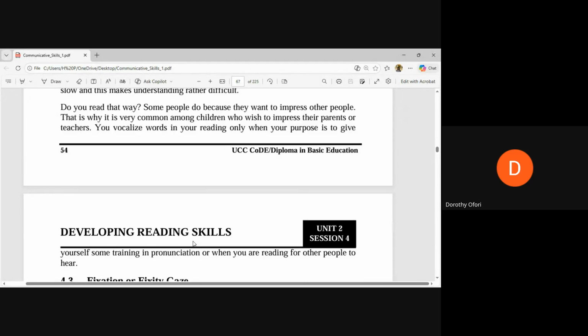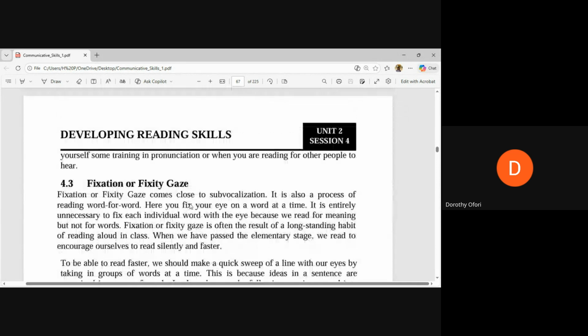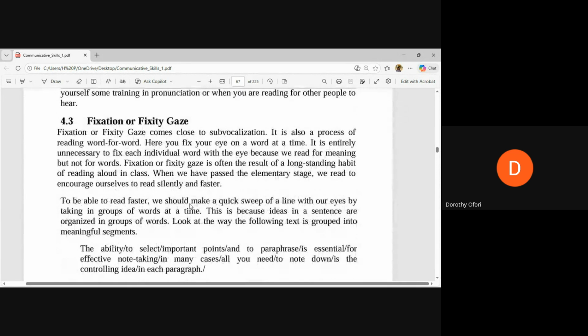Now let's go to the next one, which is fixation or fixity gaze. When you gaze, it means you are watching. Some people, when they are reading, fix their eyes on one word at a time.